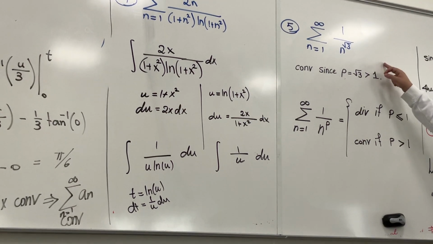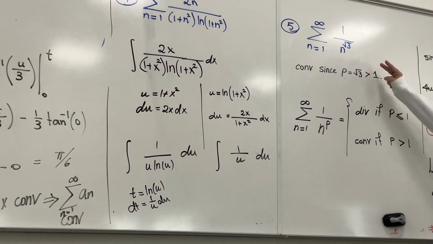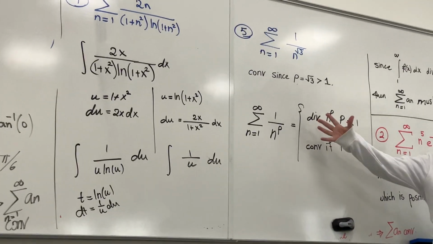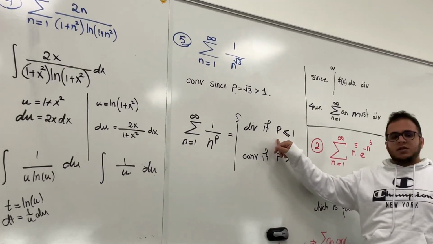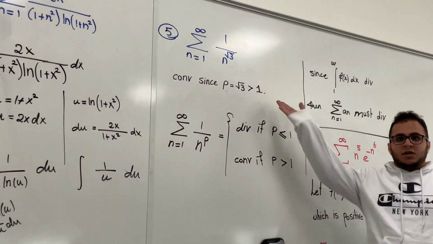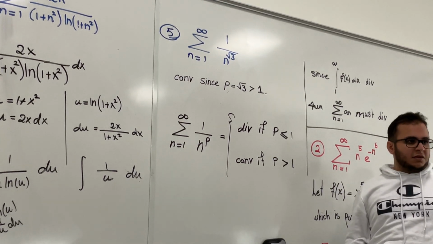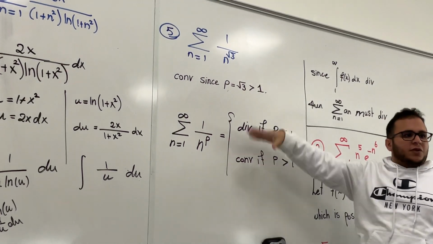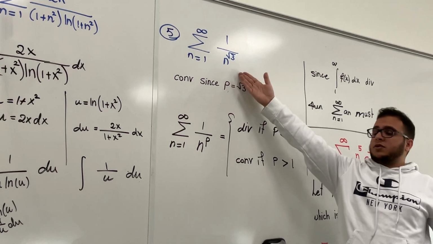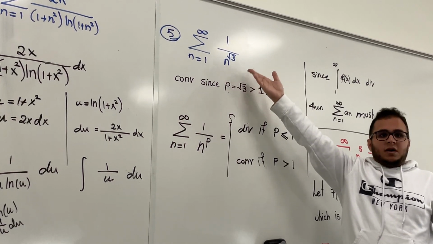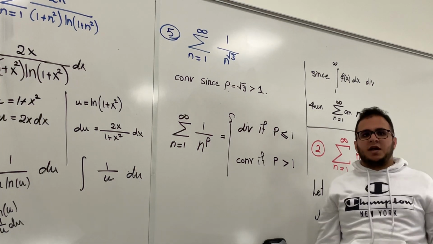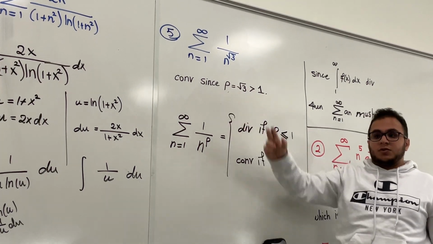Let's say he asked you to prove this. How do you solve this question? Like, how do they do the p-test? How did they know that this is less than 1 divergence? Just take the integral test here. You can integrate this, 1 over x to the power of a constant. You can take it up and then add 1, and then you'll end up with convergence for this one.